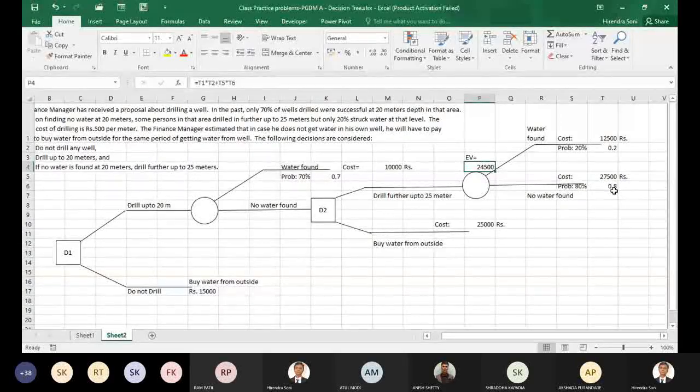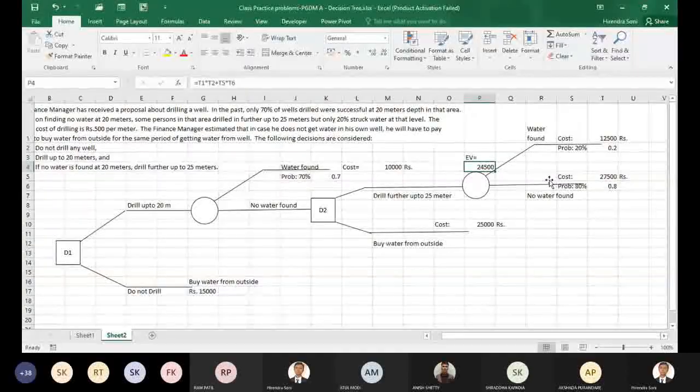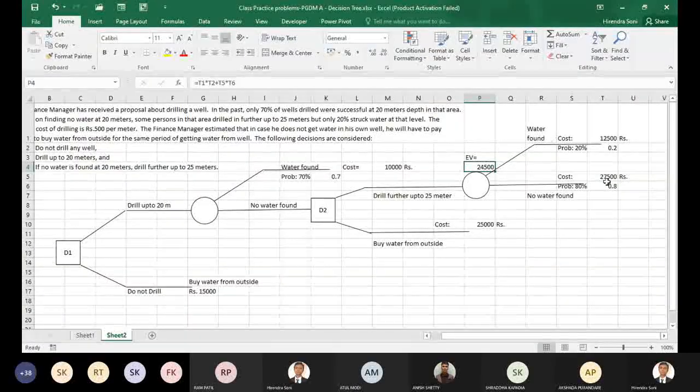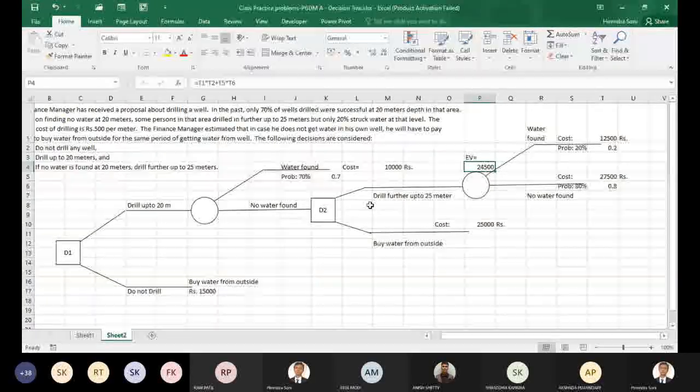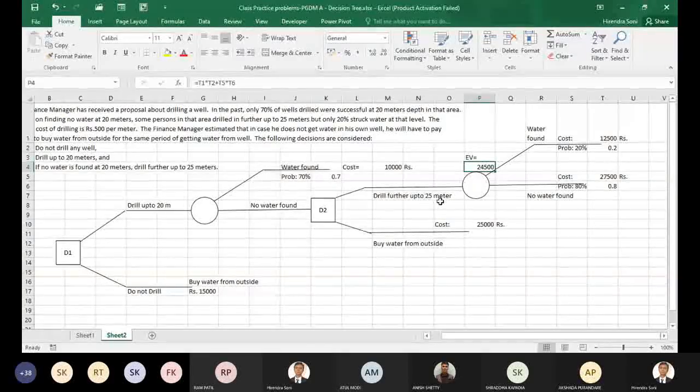Now, if you look at the expected value for drilling further up to 25 meters is 24,500, and for buying water from outside after drilling up to 25 meters... Sorry, here you had drilled only up to 20 meters.